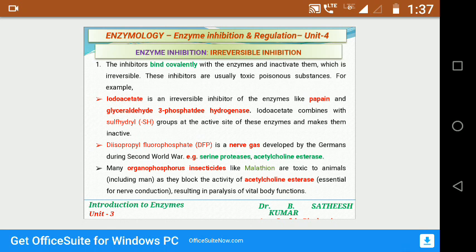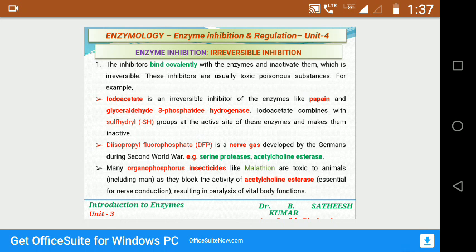The enzymes affected by it are serine proteases and acetylcholine esterases. Cysteine proteases like papain are affected by iodoacetate, and serine proteases are affected by diisopropyl fluorophosphate.